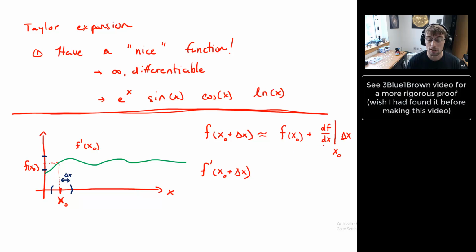Right? So I need to know not only what the value of the derivative is, but how quickly the derivative is changing. Get an approximation for that. Well, hopefully you see we can play the same song and dance. This would simply be the derivative evaluated at x naught plus the second derivative evaluated at x naught times my step size.